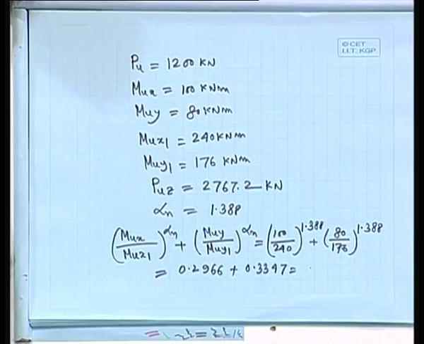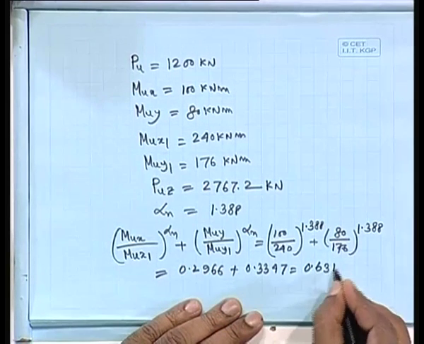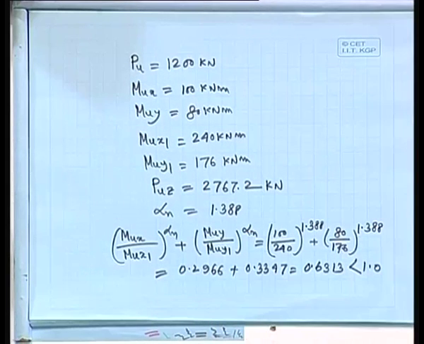So we are lucky. 0.2966 plus 0.3347, which is coming as 0.6313, less than 1.0. So that means the section we have chosen is at least safe. We cannot say it is economic, but at least we can say it is safe.